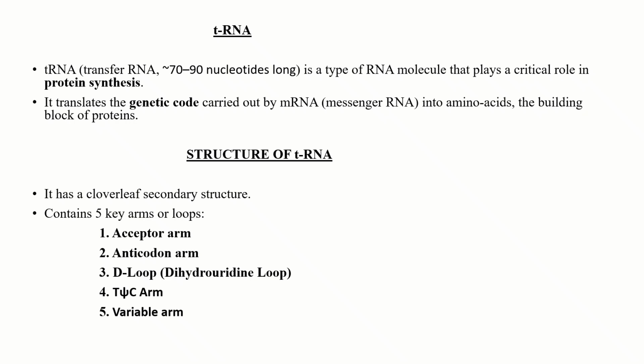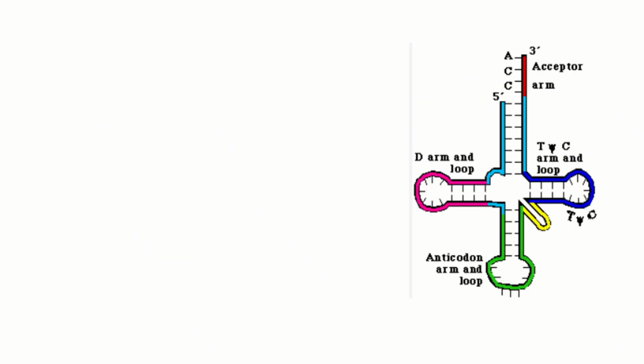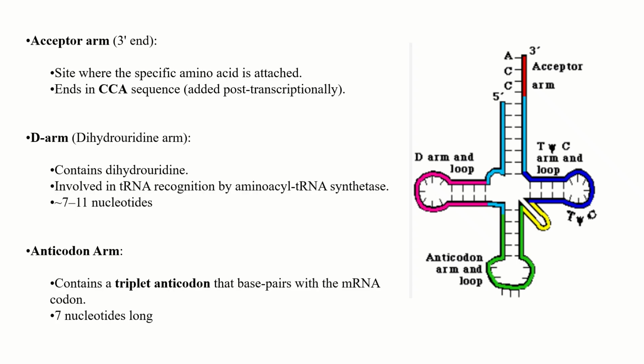Without tRNA, cells won't be able to turn genetic information into proteins. Life simply doesn't function. Moving on to the function of each arm. So this is the basic structure of tRNA and the different arms of tRNA.